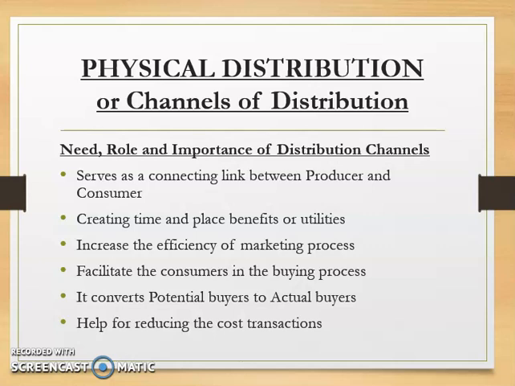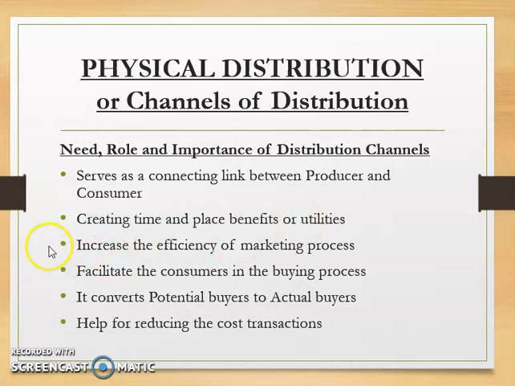Each and every marketing process will have a common strategy to distribute their product, but there are different types of channels. Okay, so why are distribution channels required? It is required to serve as a connecting link between producer and the consumer, creating time and place benefits or utilities.